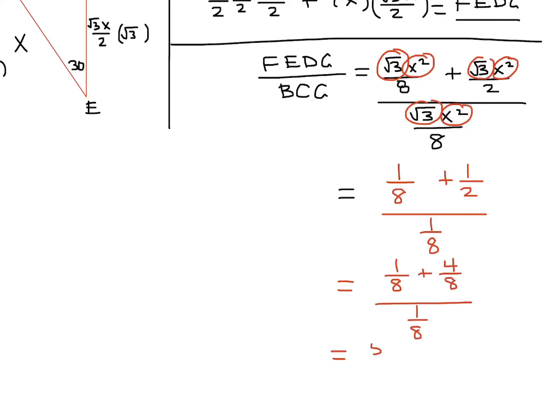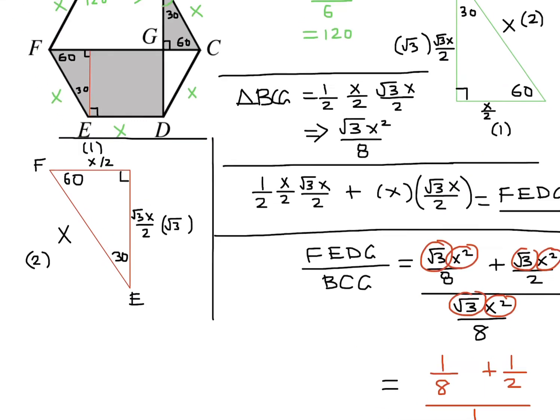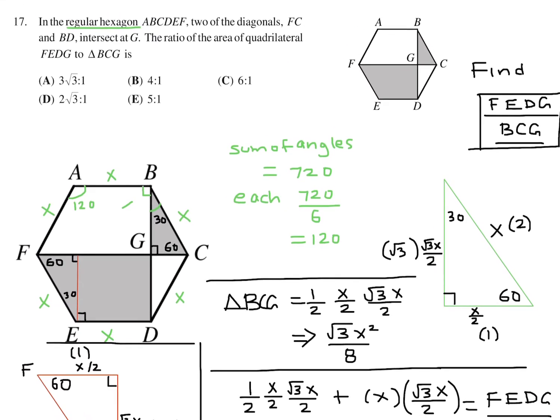And this looks like 5 over 8, invert and multiply, 8 over 1, and this just becomes 5, or 5 over 1. So 5 over 1 is the ratio of the area of the quadrilateral FEDG to triangle BCG.